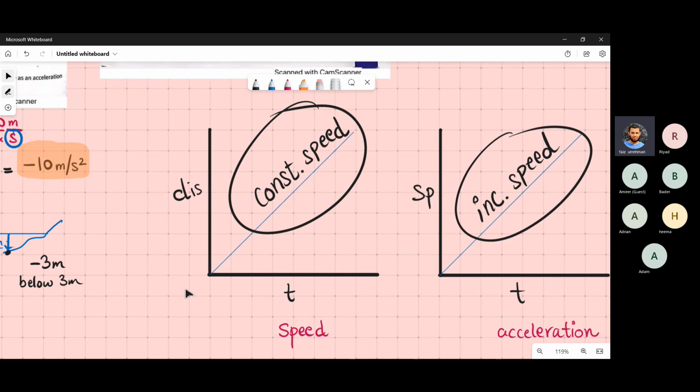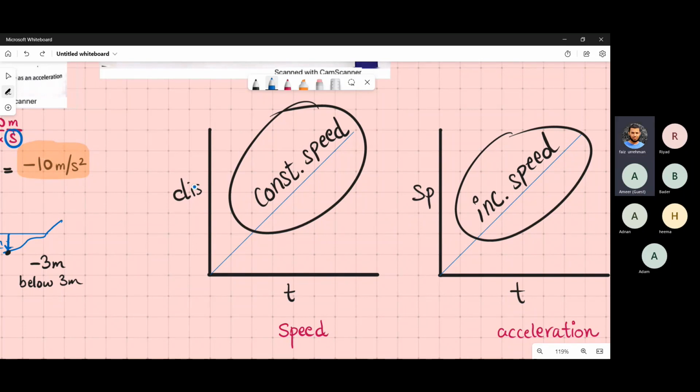Yes, that means they are making this type of line. Then only they can move together. But if only time is moving and distance is not moving, means what? It is at rest. If it is horizontal, it will be at rest.